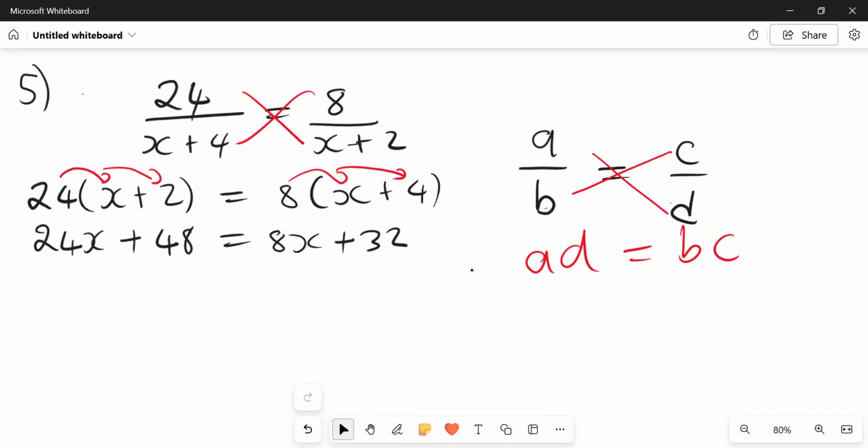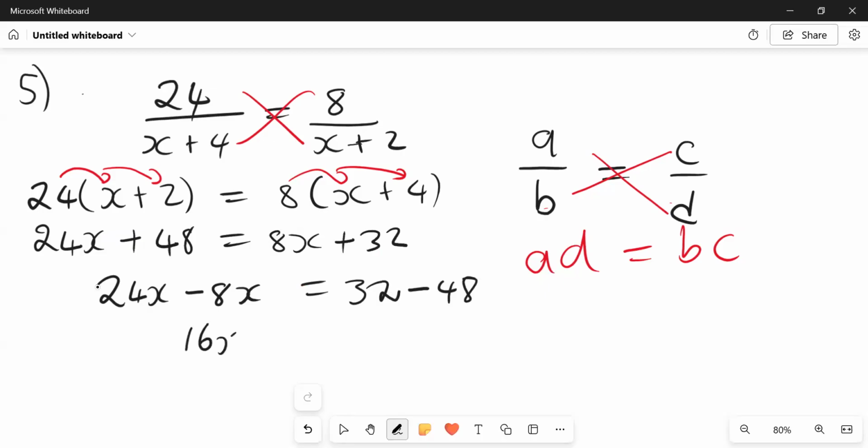Obviously we have to take the smaller term, moving it to the bigger term. So this is minus 8x equals to, but for this part, we are forced to take the bigger term, move it to the smaller term. So we have a 32 minus 48, right? And this gives us 16x, which is equals to minus 16. And then divide both sides there by 16, and then x is equals to negative 1.